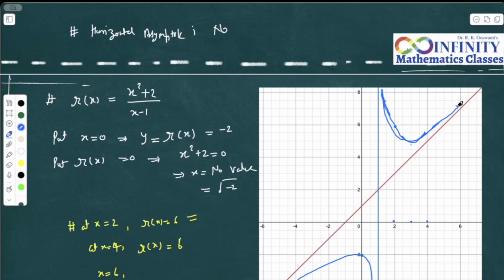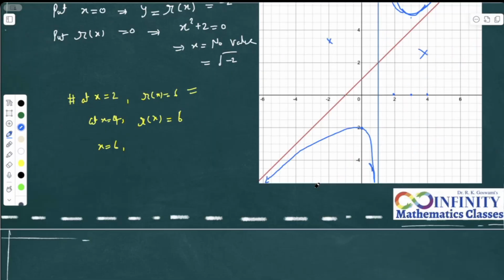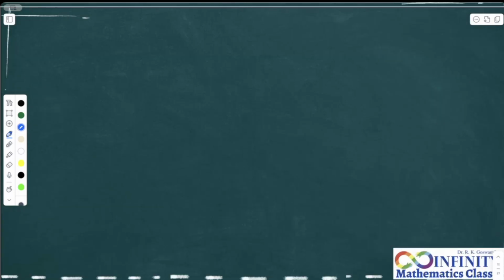Now, is there any other branch? The answer may be negative, but because it is a function, for every value of x you will have a different value. So I'm expecting that there is no value outside these. This is the expected graph, and let me show you the graph you have right now.